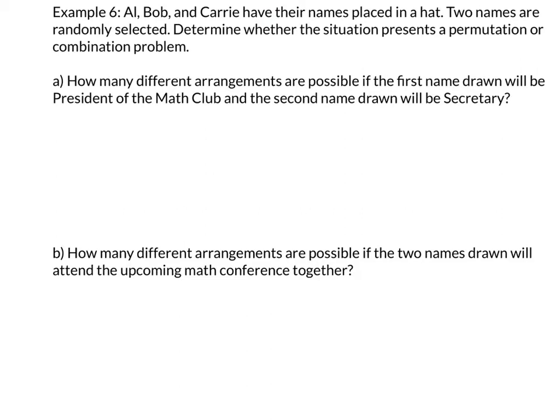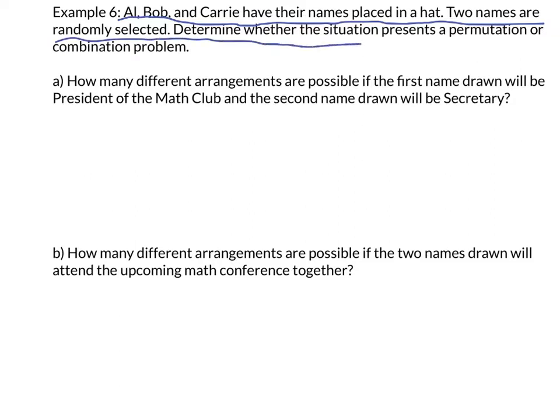For the rest of this video, we're going to discuss when to use the permutation or NPR button versus when it's a combination and we need to use the NCR button in the graphing calculator. So looking at example 6, Al, Bob, and Carrie have their names placed in a hat. 2 names are randomly selected.